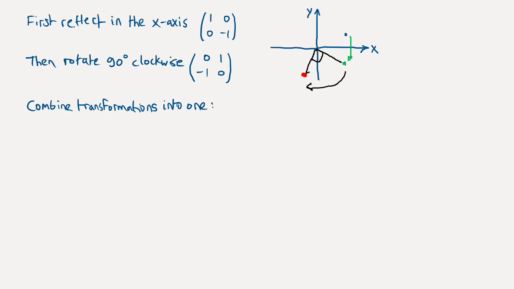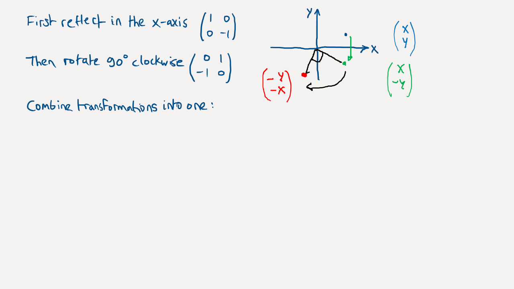We started at the point x, y, and then we went to the green point, which is x, minus y, and then we went to the red point, and the red point is going to be in the x direction minus y, and in the y direction minus x. So that's where we're going to end up.